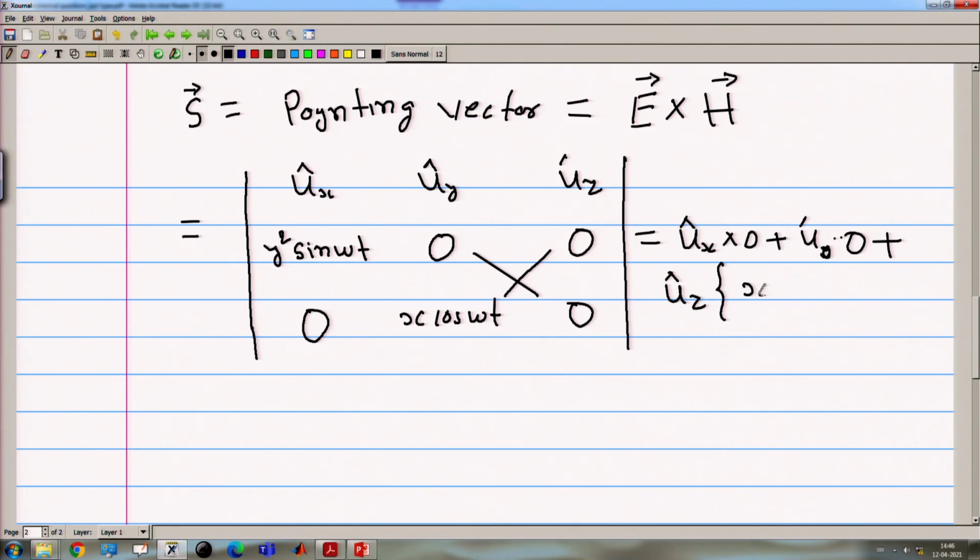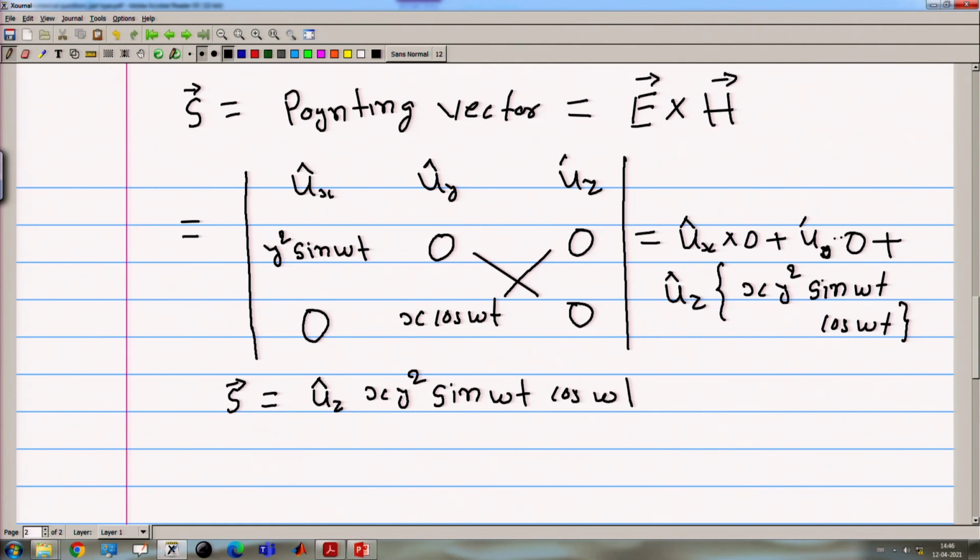So, this is the total Poynting vector. S will be u z x by a square sin omega t cos omega t. So, this is the Poynting vector.